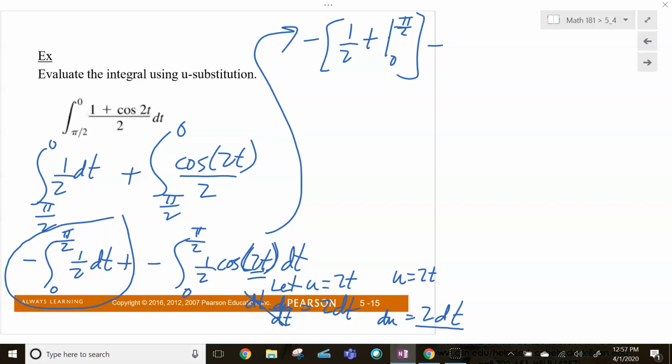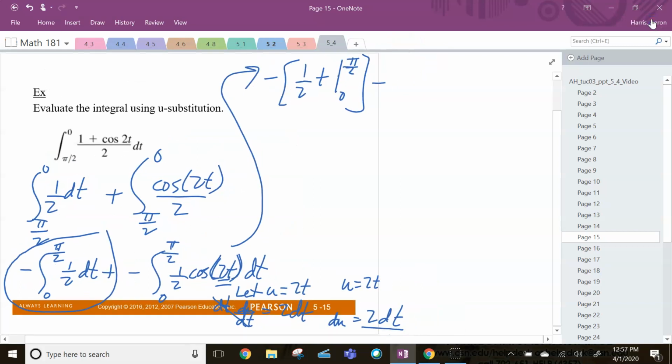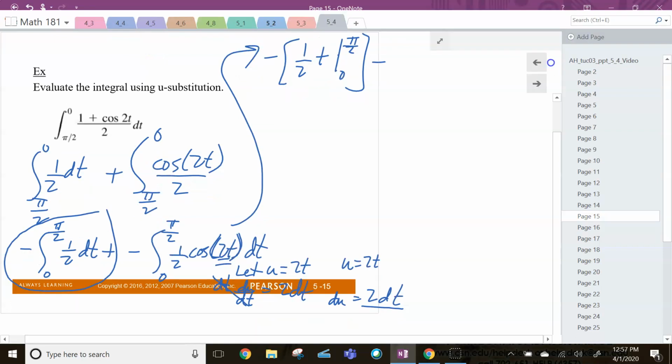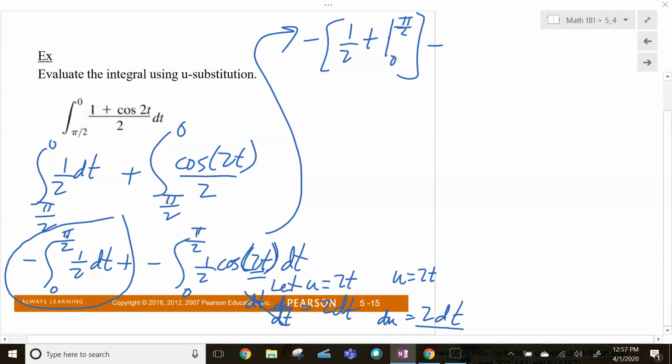So what I'm going to do is, I have a 1/2 dt, but I need a 2 dt. So I'm going to give it a 4, because I know 4/2 is 2 dt, right? This will be my 2 dt. But if I all of a sudden give it a 4, I got to offset it with a 1/4 there. Okay. But that's my du. See my du?